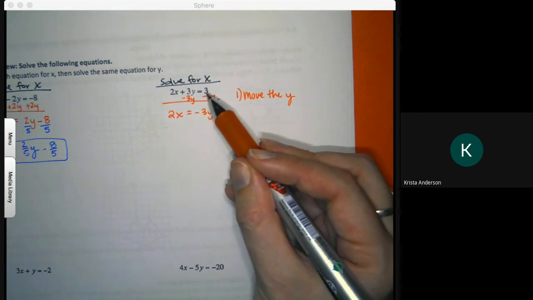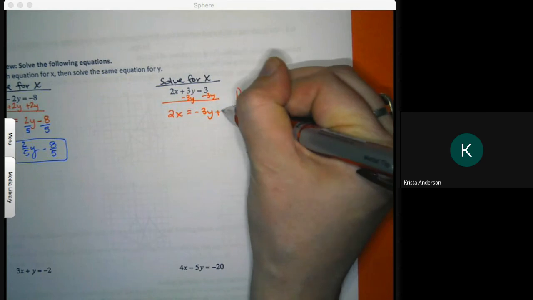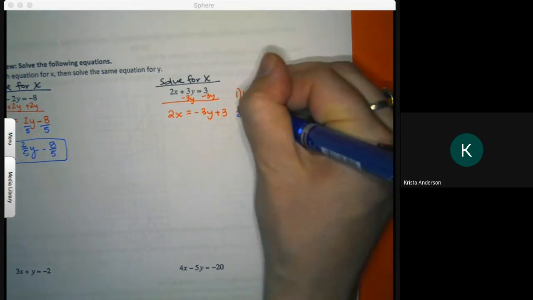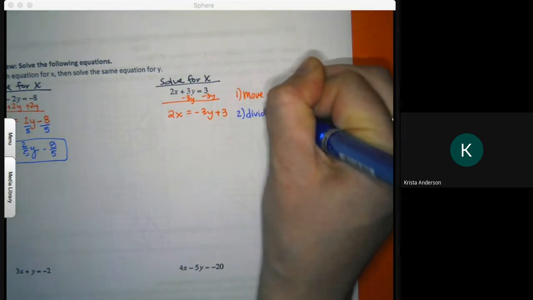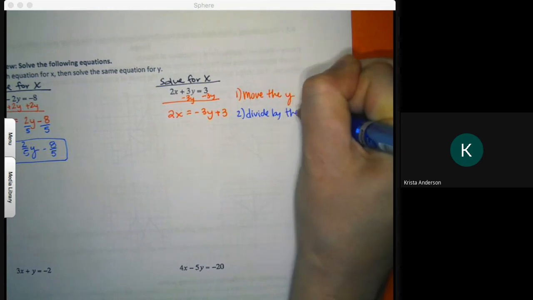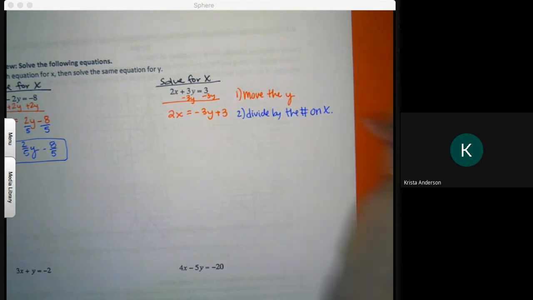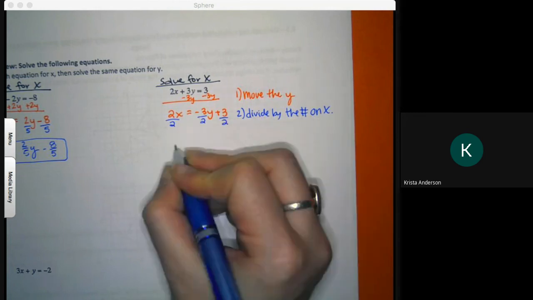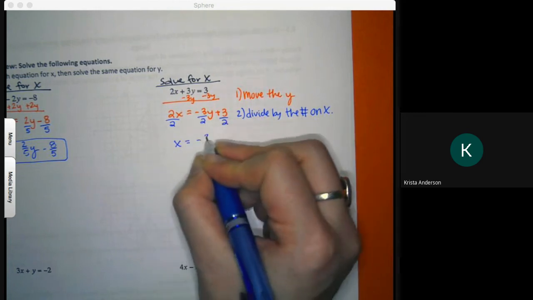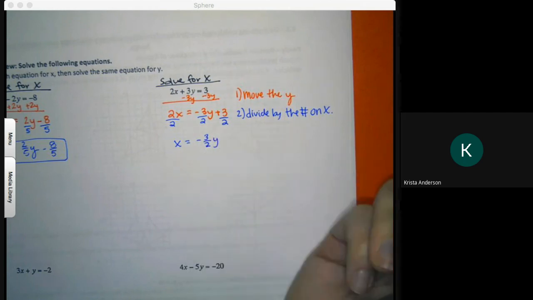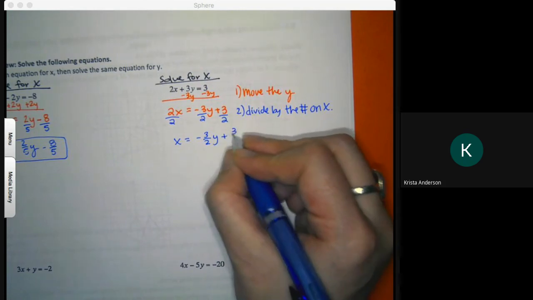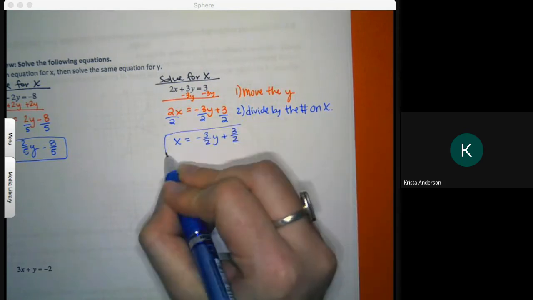Positive. Positive, good. It's a positive 3 over here, so it'll just tag on the negative 3y. I then divide by the number on x, which gives me negative 3 over 2y, because that won't reduce. And same thing, positive 3 over 2 won't reduce either, so I just leave the fraction alone.